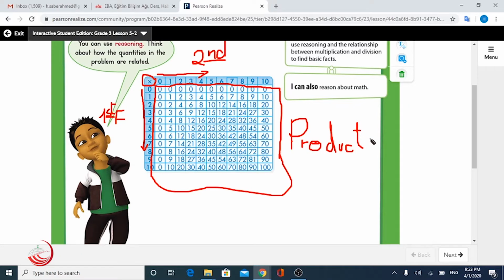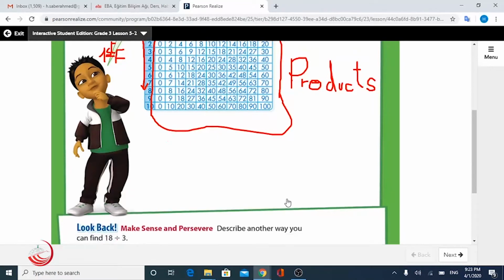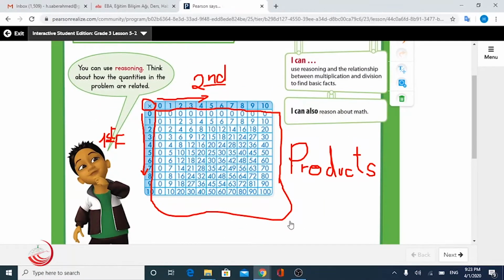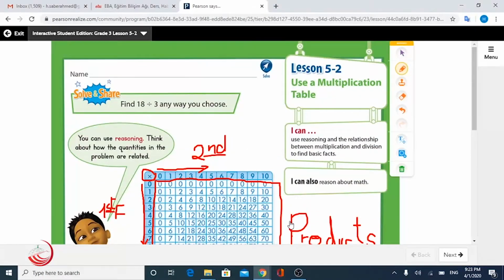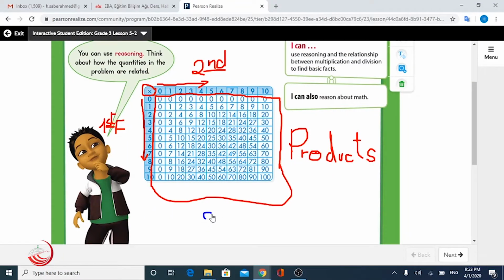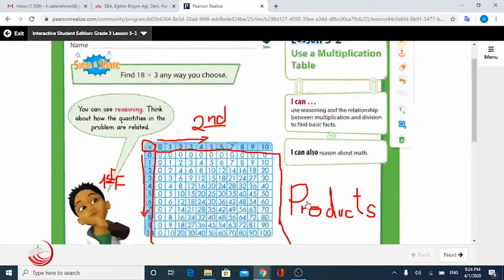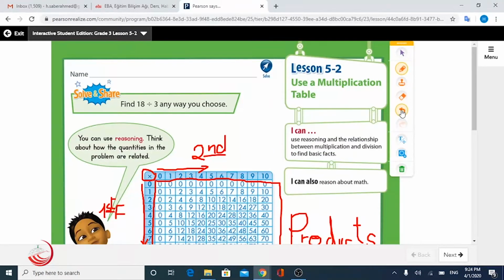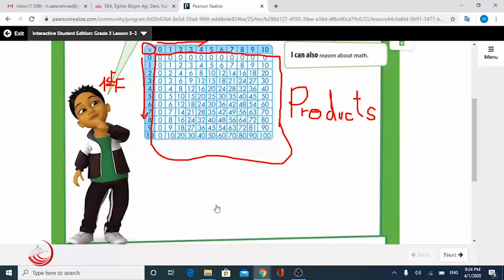Now, I want someone to give me an example of a multiplication equation, a simple one. Yes, I think we may take this example. Let's make it 2.